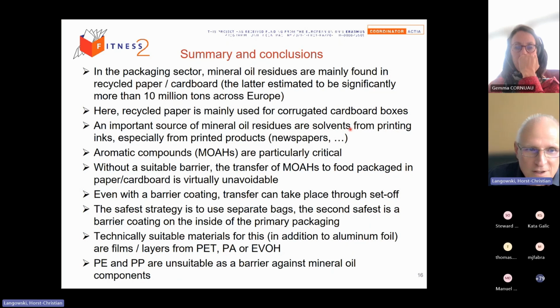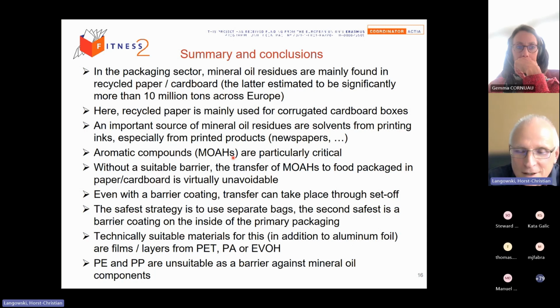And these are solvents from printing inks, but not mainly from the printing inks for the product packagings, but printing inks from, let's say, newspapers and similar products that end up in the paper recycling. And then it's transferred. We have the mineral oil aromatic hydrocarbons, which are the critical factor.